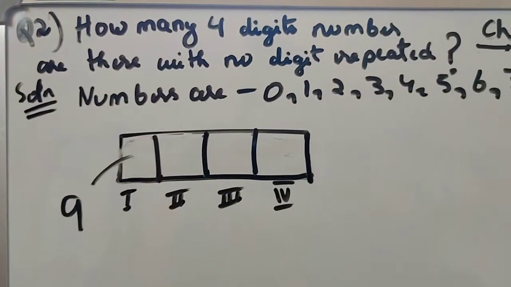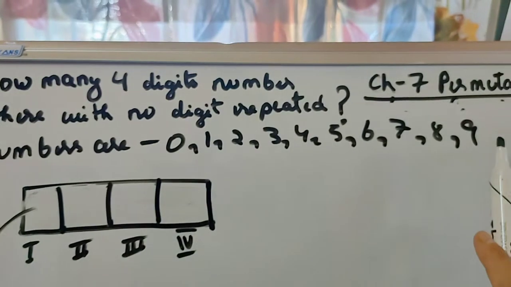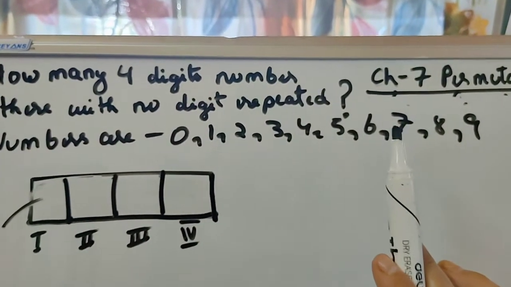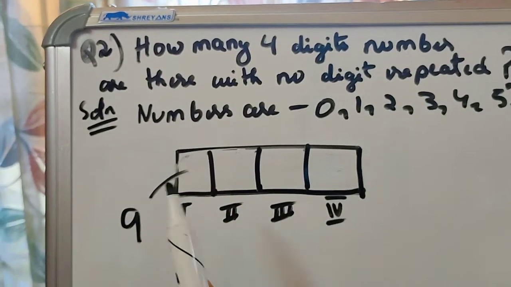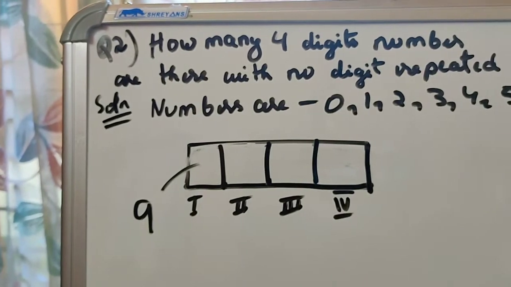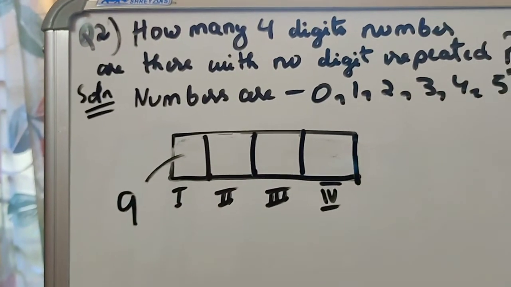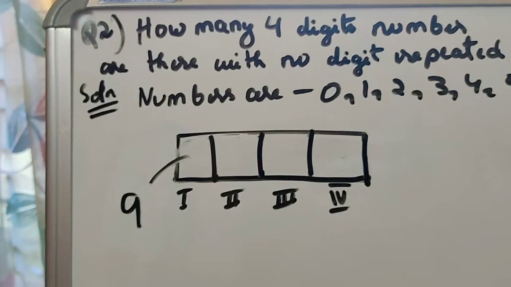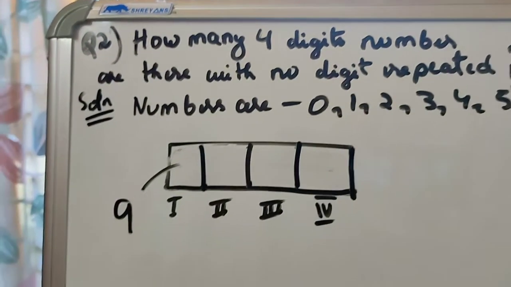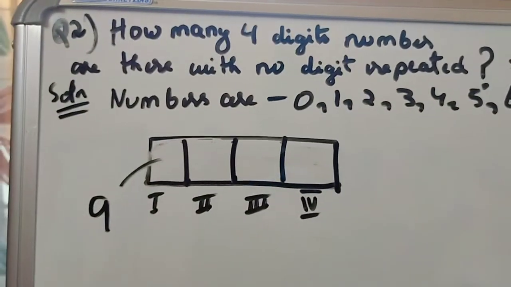Actually from 0 to 9 there are 10 numbers, but since in the first place we cannot use 0, I will be left with only 9 numbers. And similarly for the second place, digits cannot be repeated.